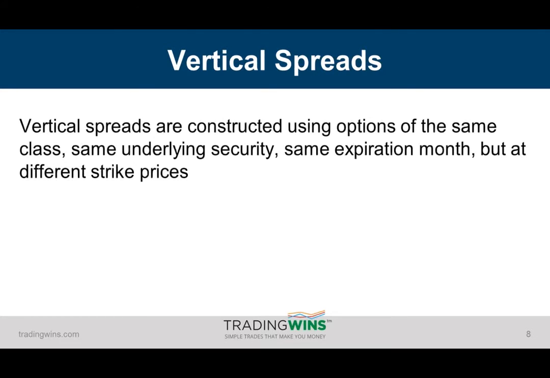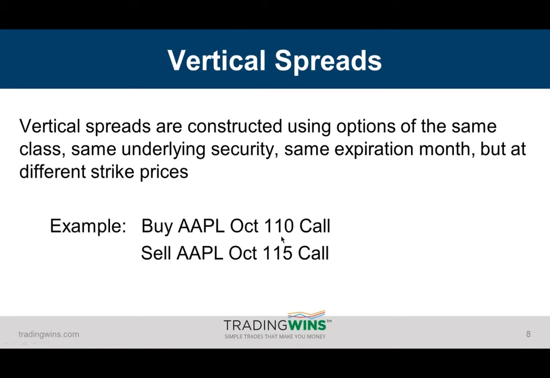And a vertical spread is constructed by using the same underlying security, the same expiration month, but different strike prices. So an example of that would be if we were to go out and open a bull debit spread on Apple, and we were to buy the Apple October 110 call, for example, and sell the Apple October 115 call.